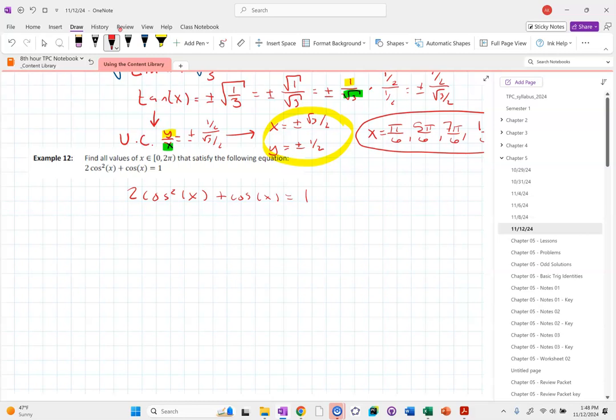I'm looking for a word. It's not a slope-intercept equation. What's the exponent? 2. What type of equations have a degree 2 like that?